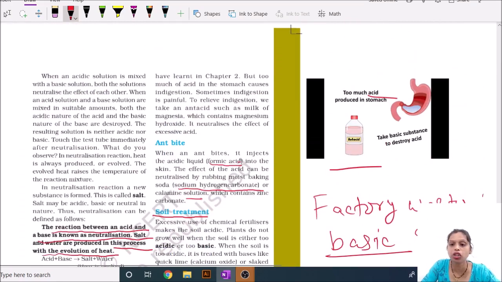You can experience it when your body is acidic, when sometimes excess secretion of acids in our stomach makes our body acidic. For neutralizing that, we use antacid. The antacid neutralizes the effect of the acid, and we get instant relief.